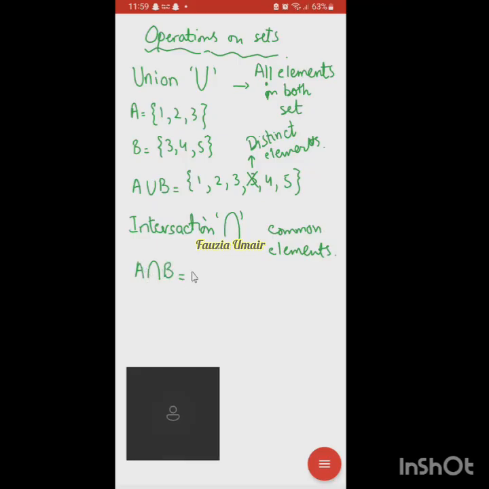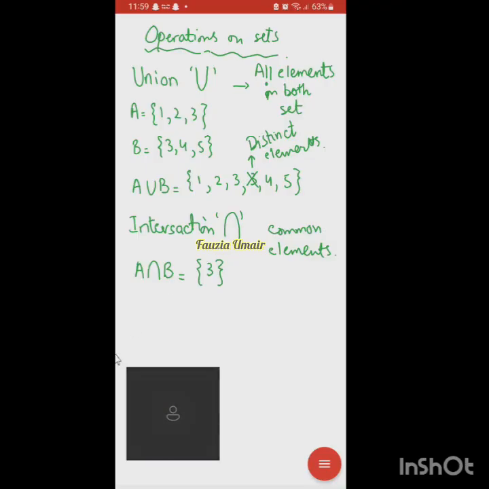Can you see this on your screen? Yes, ma'am. Okay, this is the symbol. So what is A intersection B? 3. So only 3 is common. We have done this in the previous class.